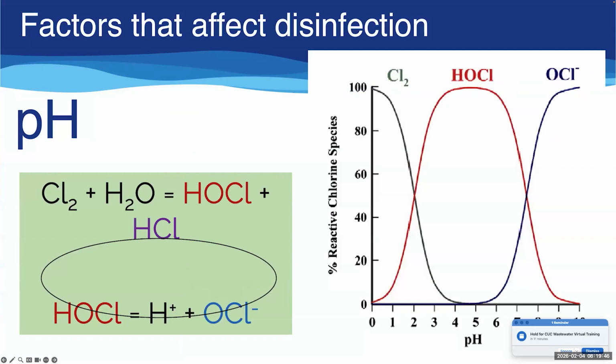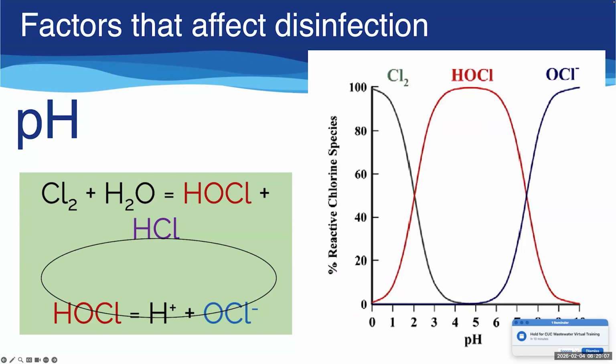So this graph on the right-hand side shows pH from 0 to 10, and you can see that if we start on the left-hand side, we've basically got all chlorine gas that we're sticking into the water. And the higher the pH is, the more of that starts to turn into HOCl.